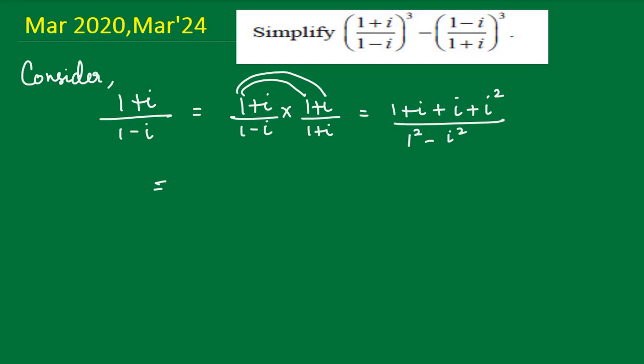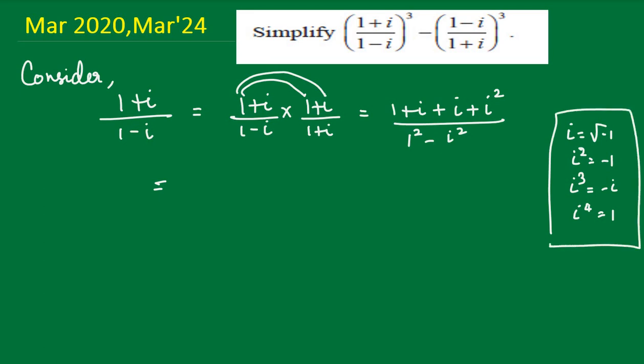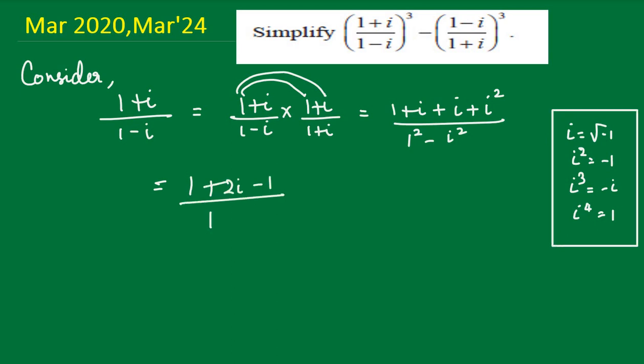We know that i is equal to root of minus 1, i square is equal to minus 1, i cube is equal to minus i, and i power 4 is equal to 1. Using this, we simplify: 1 plus 2i, i square is minus 1, divided by denominator 1 minus of i square, which is minus 1. So this gives us 2i divided by 2, which is equal to i.